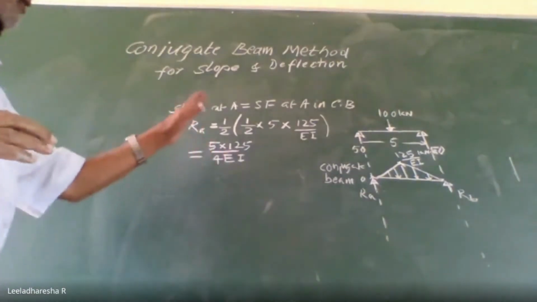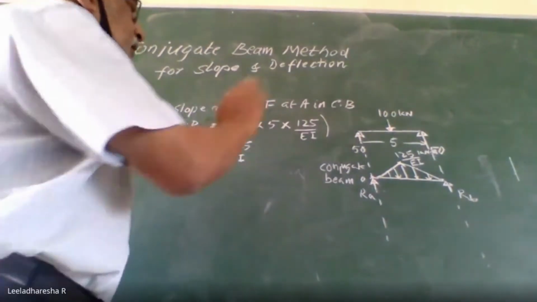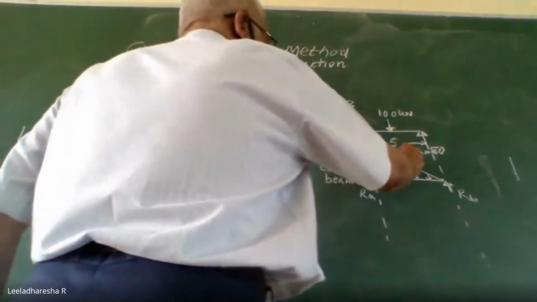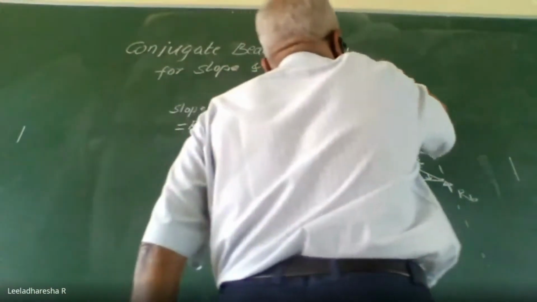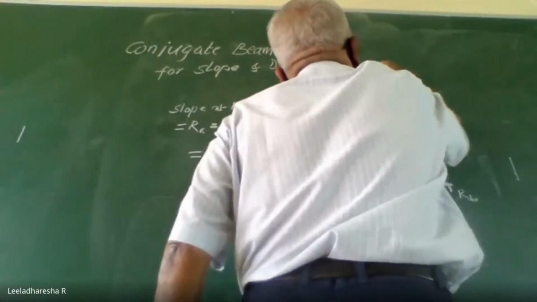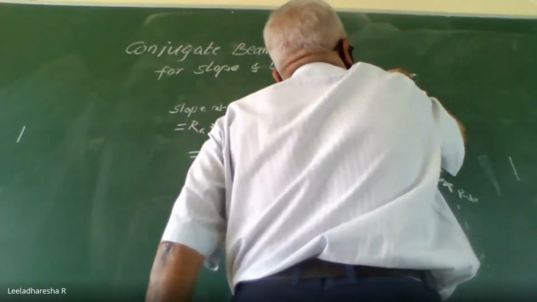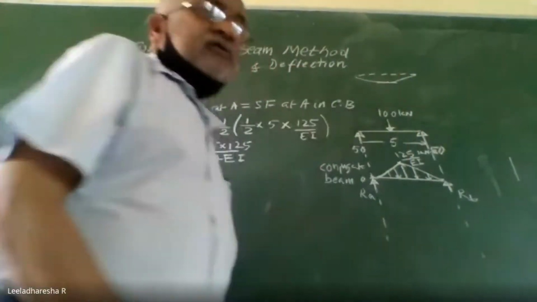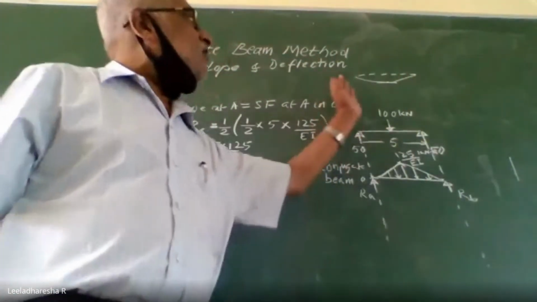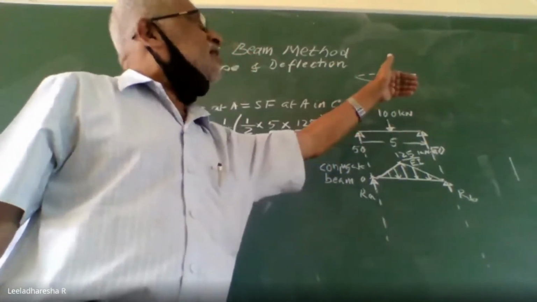See, now I have determined slope at A. I want slope at the center. Normally, what is the slope at the center? The bent shape is like this, from A to B. If you draw a tangent at the center, slope is equal to 0, because this line and the horizontal line are the same.